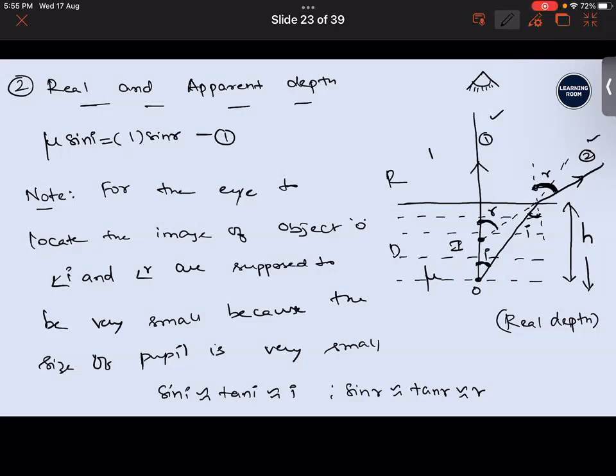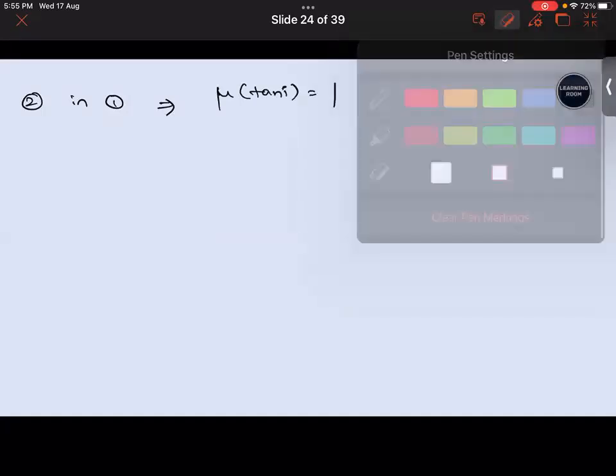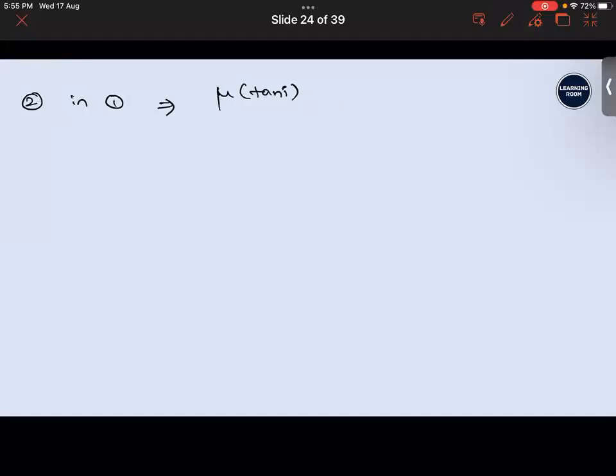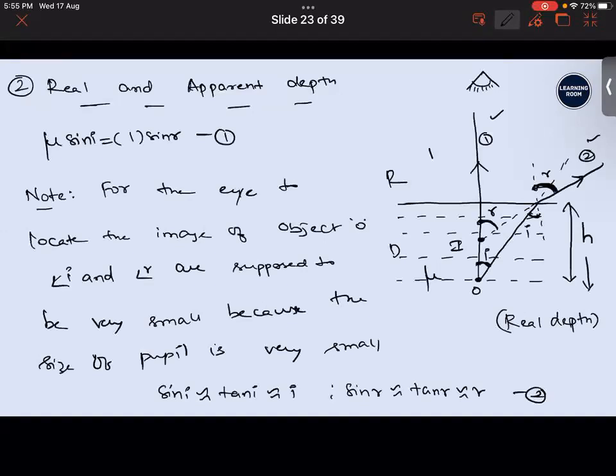Okay. So when that is the case, I can use 2 in 1. When I do that, I get mu into tan I is equal to 1 into tan R. So let me call this as equation number 3. Now, if you observe, what is tan I from the diagram?